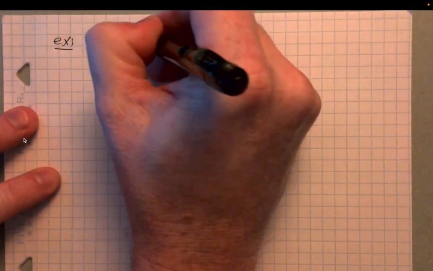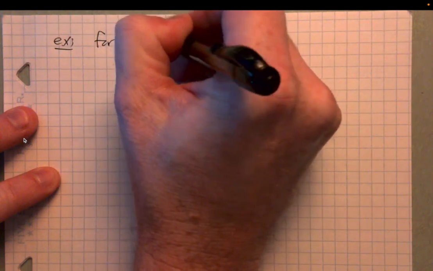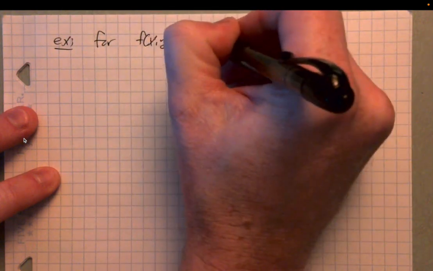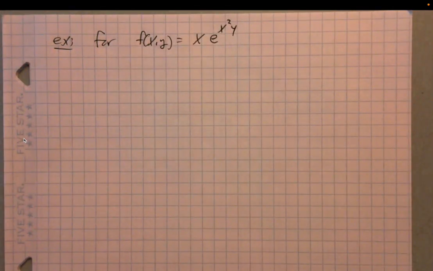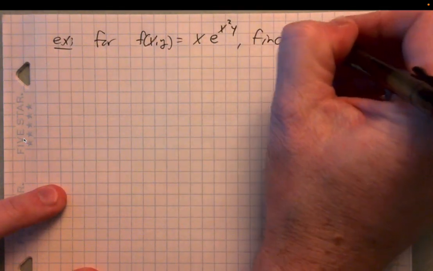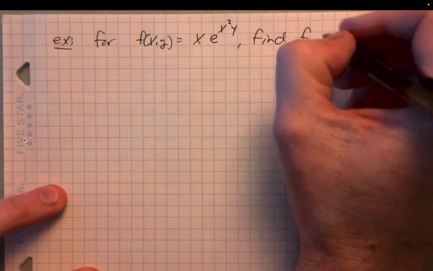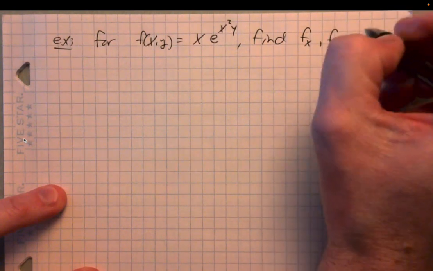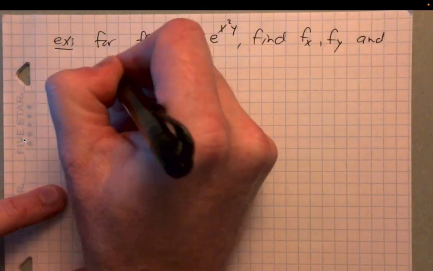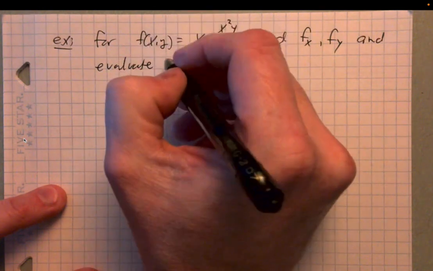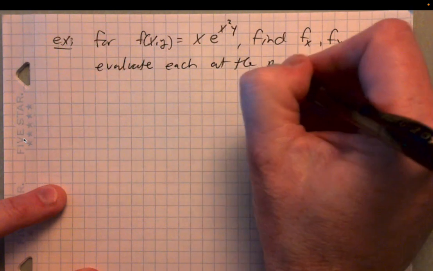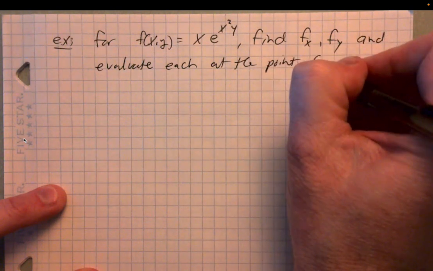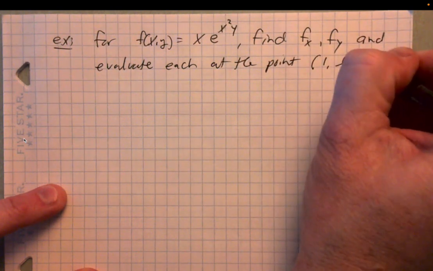For f of x, y equal to x times e to the x squared y. So you've got this function of x and y. Let's find f sub x and f sub y and evaluate each at the point (1, ln 2).